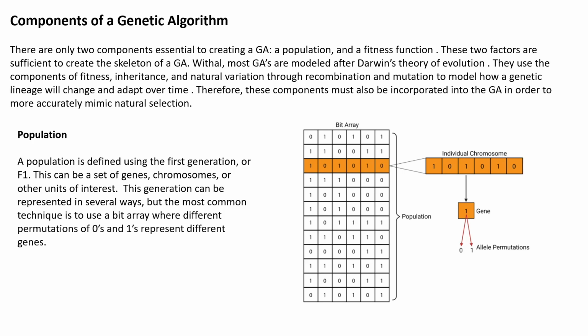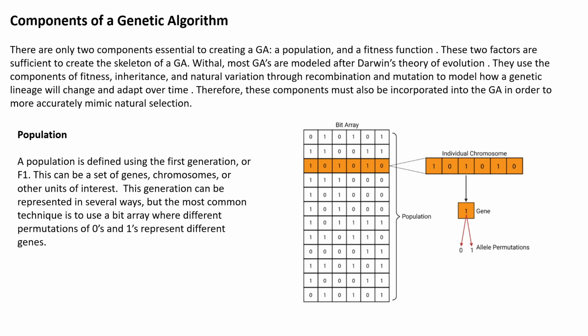Inside individual genes you can have subgenes, or at the base pair level also you can have information or solutions. Whatever units of interest there are, according to your problem, you can have different representations of these solutions, chromosomes or population. But this is the general representation I wanted to show.